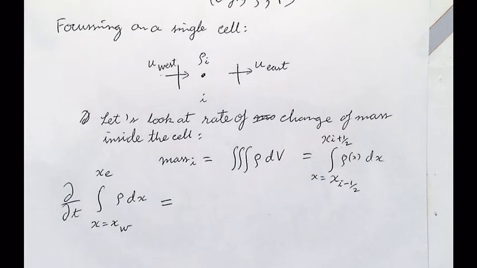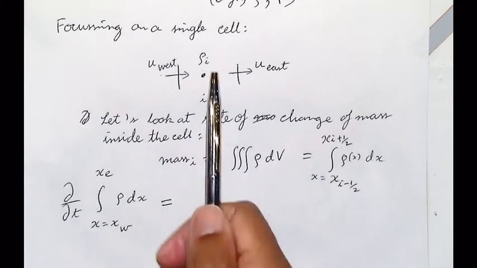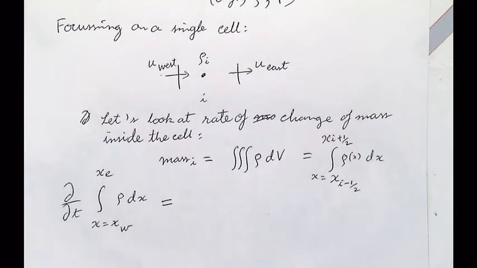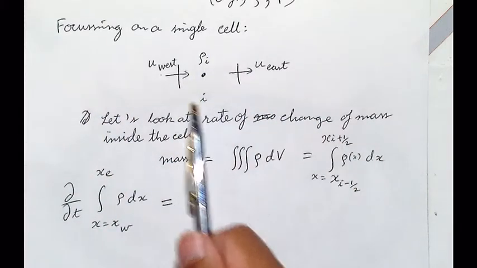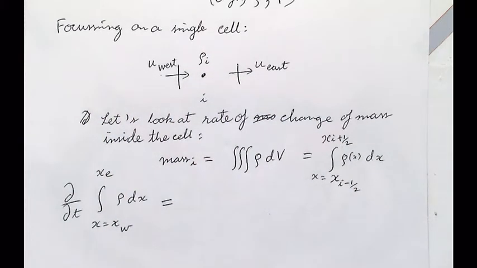Does the question make sense? We have everything we need on the picture. Any quantity inside will change. Let's say rho is the amount of ink inside the cell. The total ink content of the cell will change because of what?